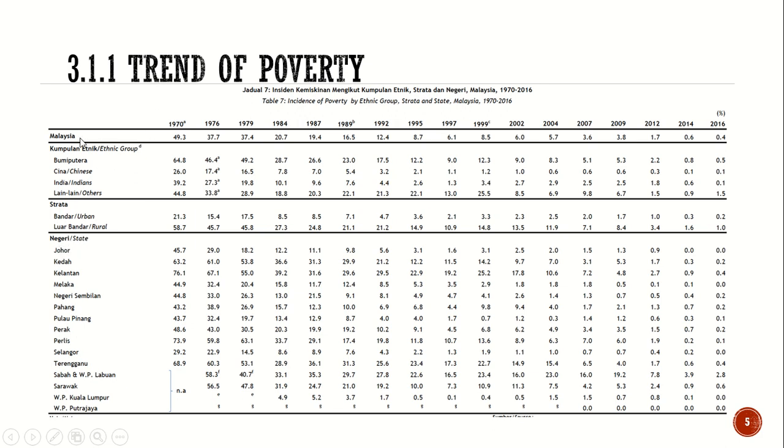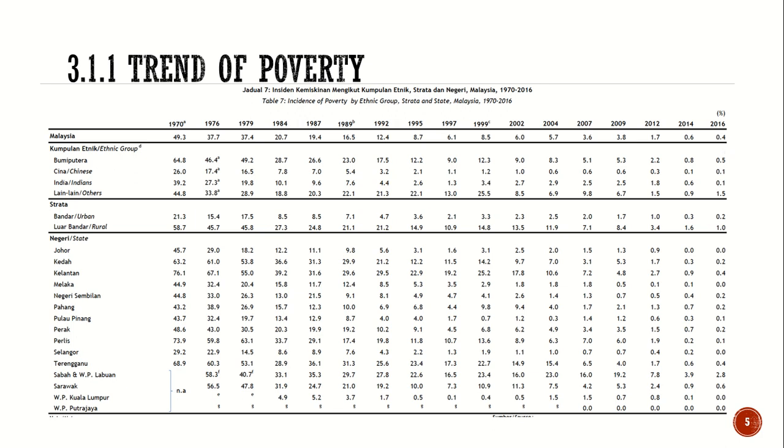So let's begin with Malaysia. The poverty rate in Malaysia in 1970 was 49.3%, and as time passed, we were able to reduce poverty. For example, in 2002 it reduced to 6.0%, and in 2016 we managed to reduce it to 0.4%.